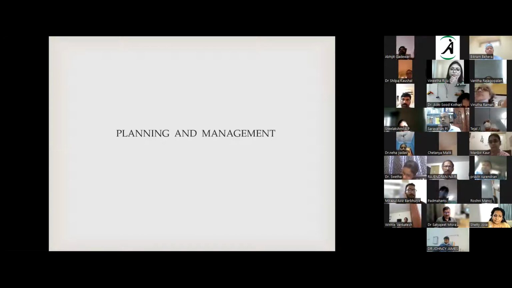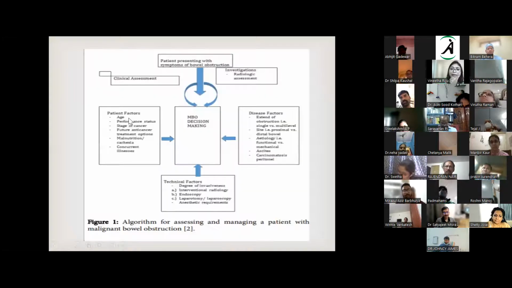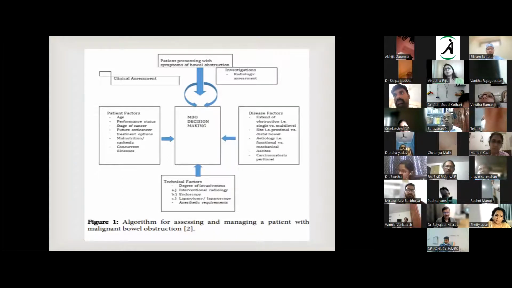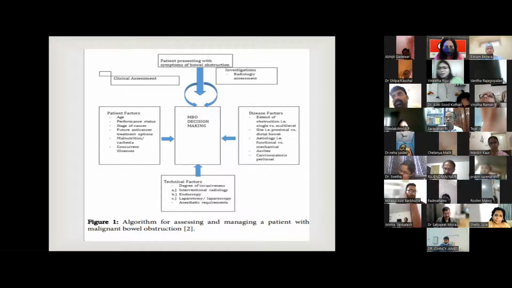So coming on to other aspects of planning and management, like you all said, a patient who presents with symptoms of bowel obstruction, you have to do a complete clinical assessment. It is not just imaging. Yes, all of you have agreed to that. You have to clinically examine the patient.